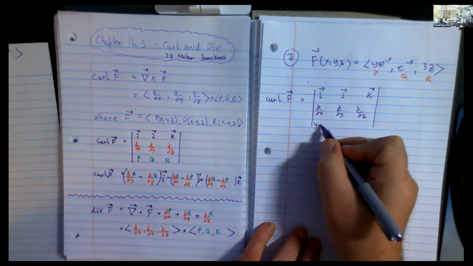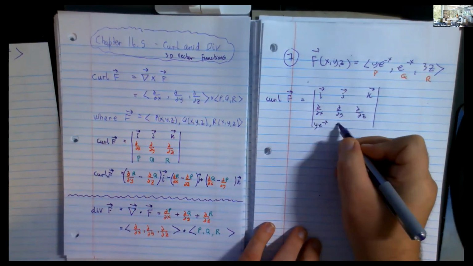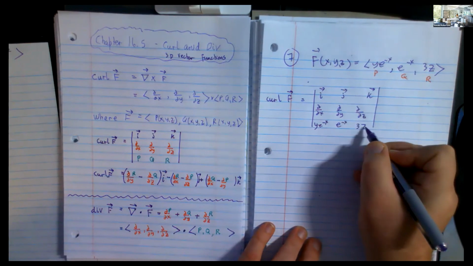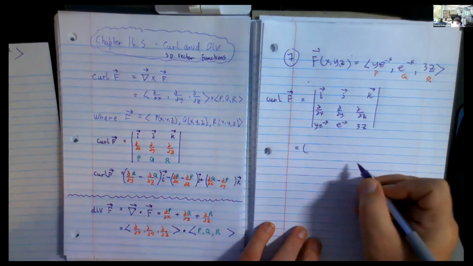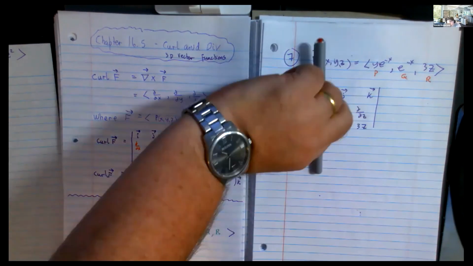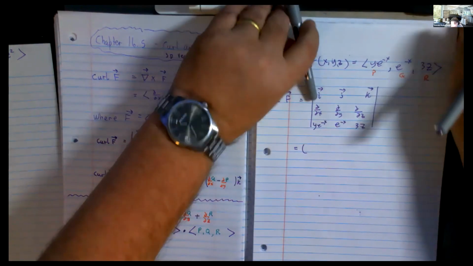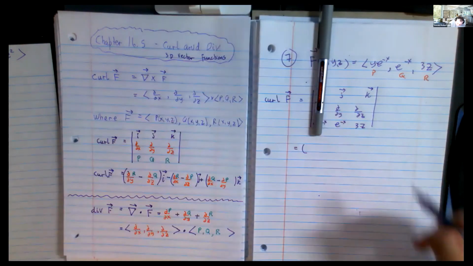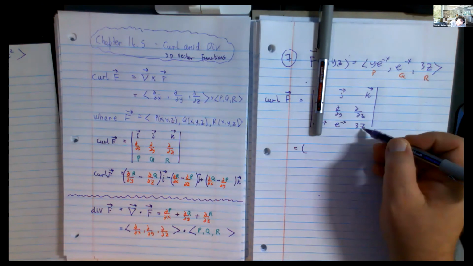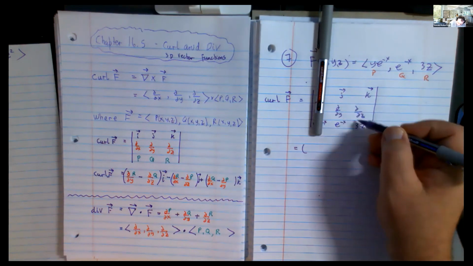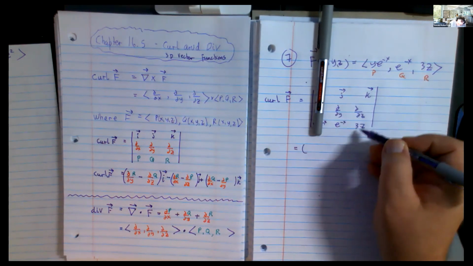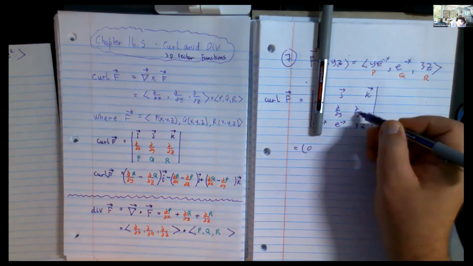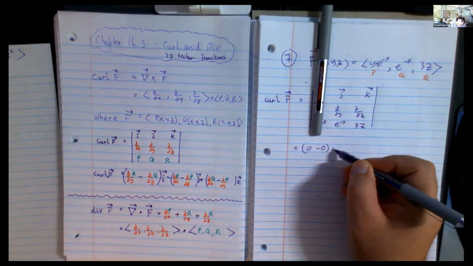This one is y e to the negative x, this one is negative x, and this is 3z. Let's do the i one first. Cover that up. The partial derivative of this with respect to z is 0. Take away this one, 0. Well, that's a good start.